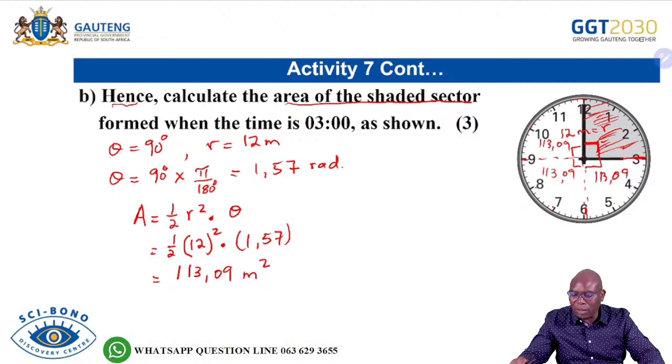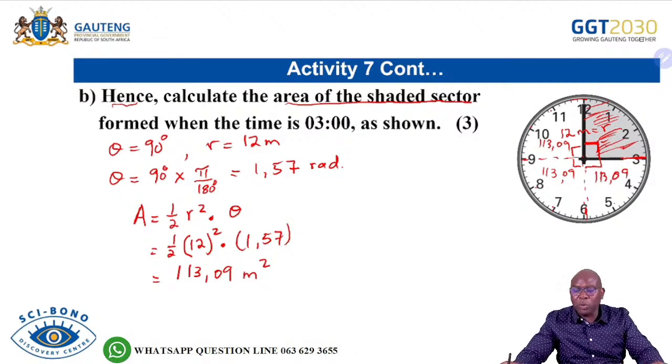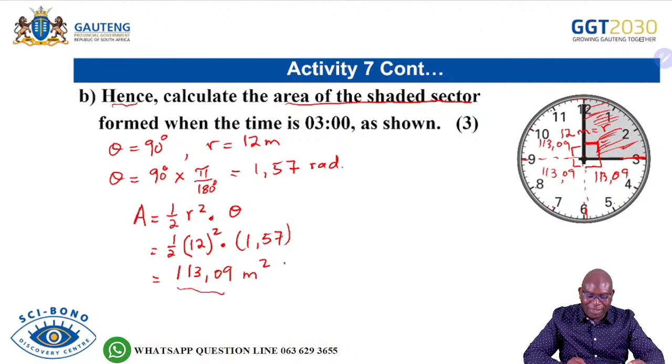So if I take my calculator and multiply 113.09 by 4 of them, it will give me 452.36 square meters, which is the area of the whole clock. So I think I am correct here.